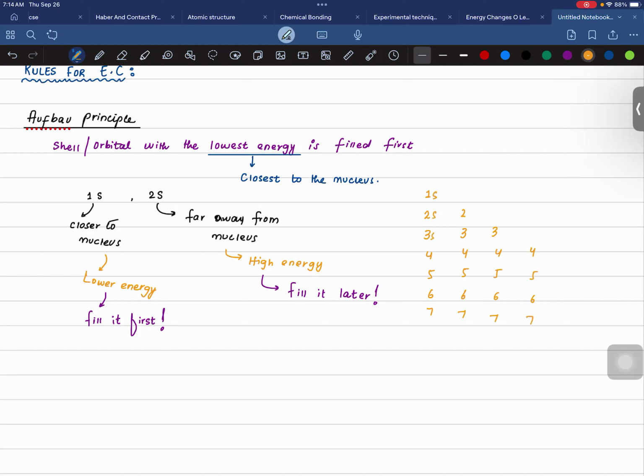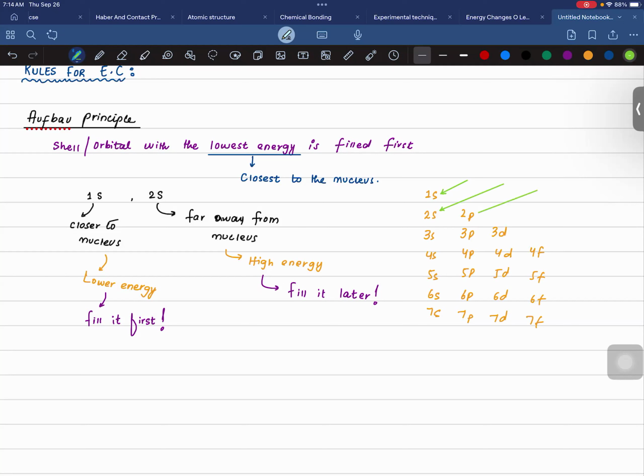S, S, S, S, S, S. Then P, P, P, P, P. Then D, D, D, D. Then F, F, F. Okay, then afterwards I would be just drawing an arrow just like that.